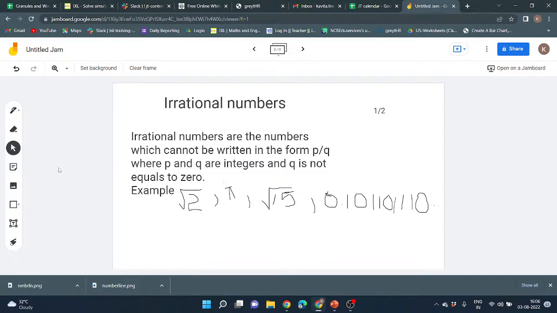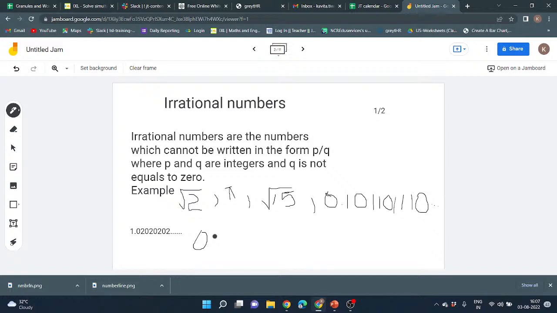Next, we are going to locate some irrational numbers on a number line. So before moving there, let's say we have an irrational number, 1.02020202 and so on, and we need to write this number in the form of a decimal.